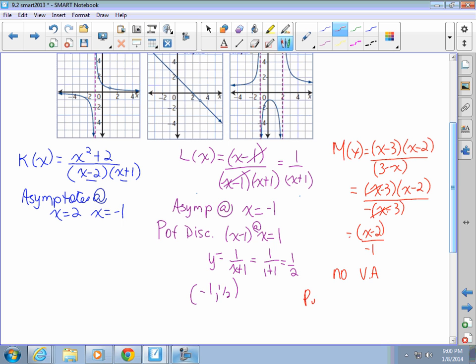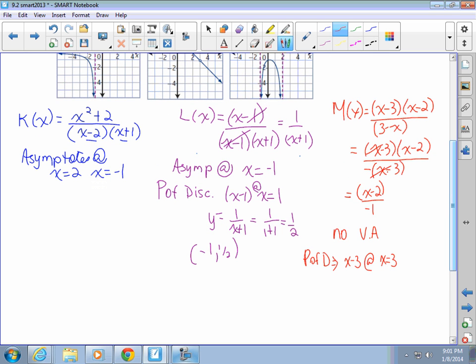So my point of discontinuity for this one is at x minus 3, so it's at x is equal to 3. So I do my calculation, I was left with y is equal to (x minus 2) over negative 1, so 3 minus 2 over negative 1.